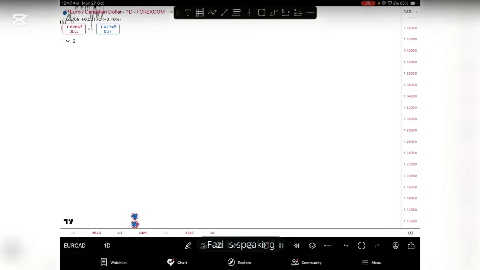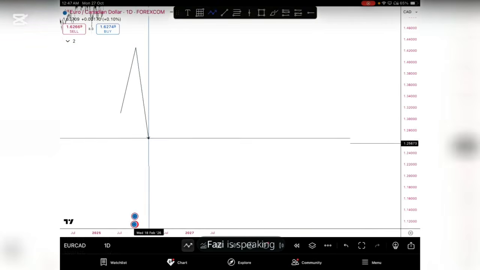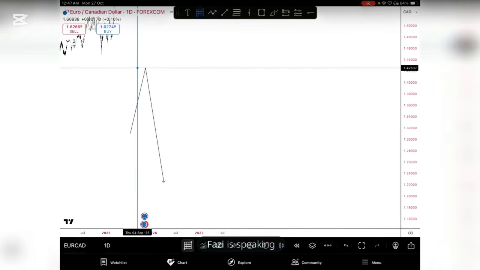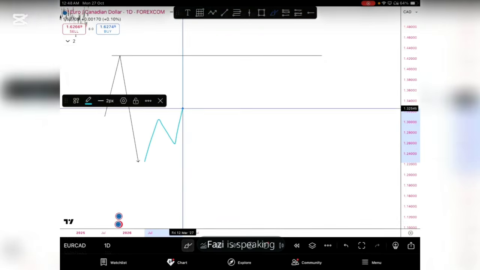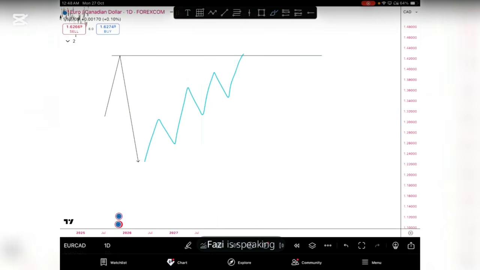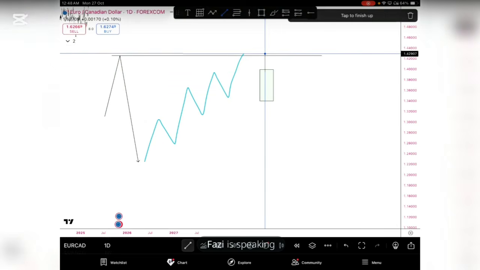Expectation is this: when we have a weekly, daily, or monthly key level like this, the first thing you need to do is wait for the candle to reach that key level. Understand? When the candle reaches that key level, you wait for the price to trigger.